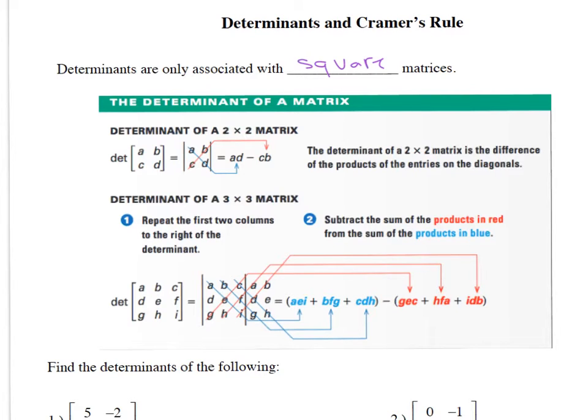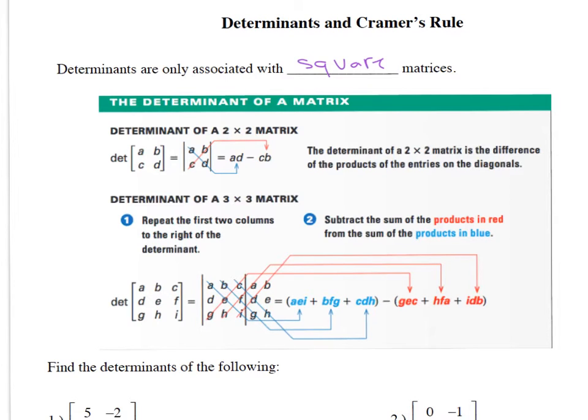So now for the 3 by 3, this is pretty important. You want to repeat the first two columns, and you're going to just rewrite the first two columns. So A, D, and G was rewritten here, and B, E, and H also rewritten.